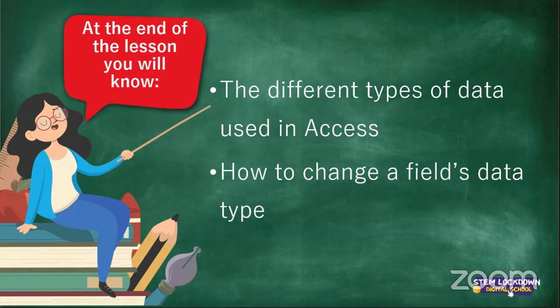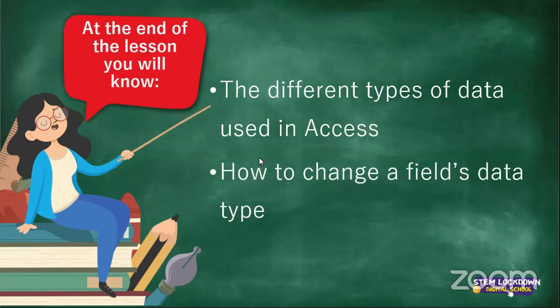There are about 8 or 9 different types of data, and we're going to explain each type of data as well as where it can be used. I will explain it to you in the PowerPoint, and then I will open up the Access database and show you where you can find these types of data and where to insert them and where to change them.